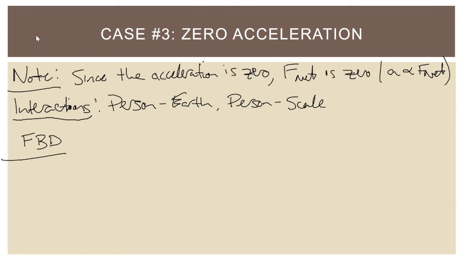So when the acceleration is up, the net force is up, which means the upward force is bigger than the downward force. And as we just said, when the acceleration is down, the net force is down. And so that means the downward force is bigger than the upward force. But when the acceleration is 0, the net force is 0, which means the two forces cancel each other out.